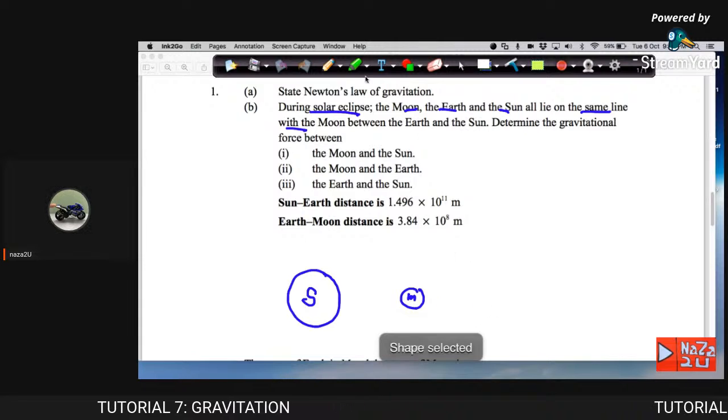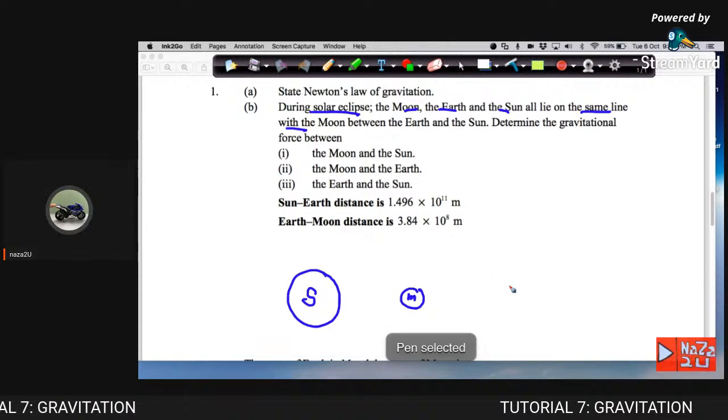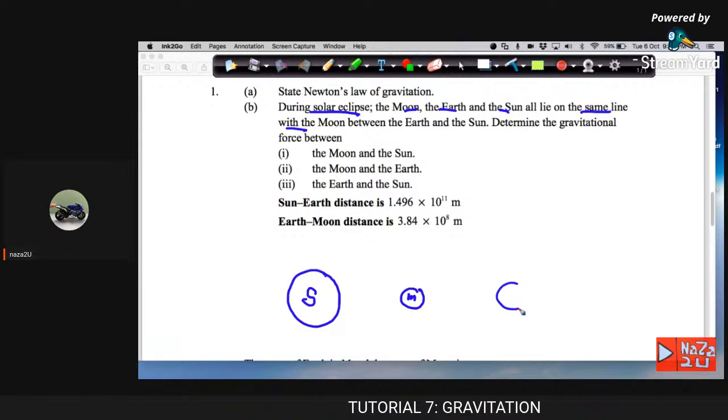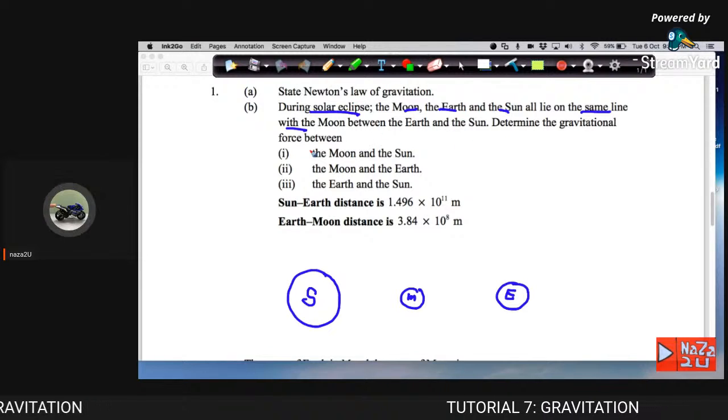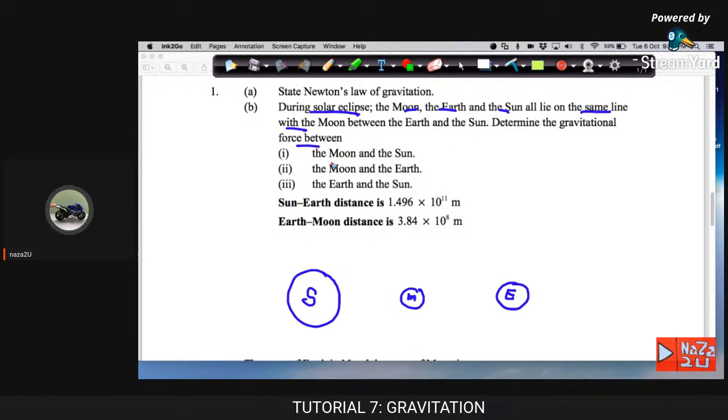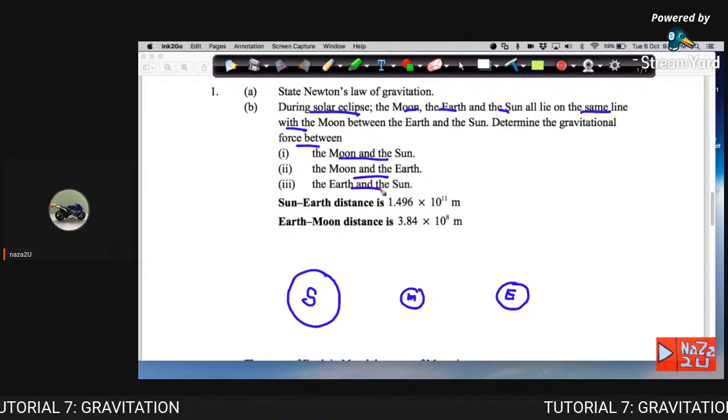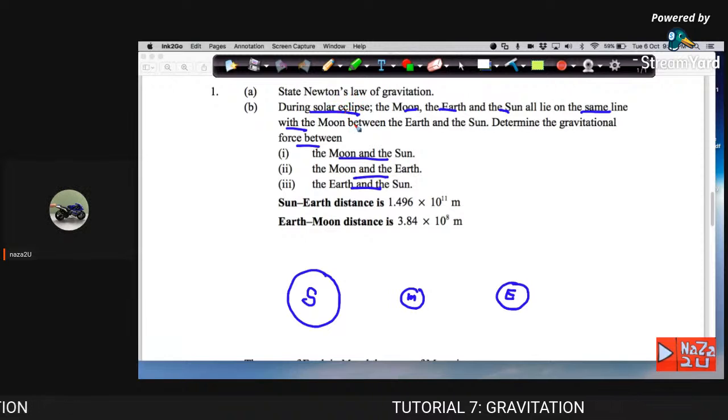Okay, saya tulis sini. So this is Earth E. So now let's find the gravitational force between moon and the sun, moon and the earth, earth and the sun.